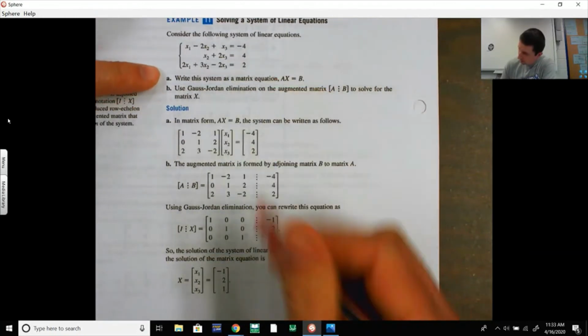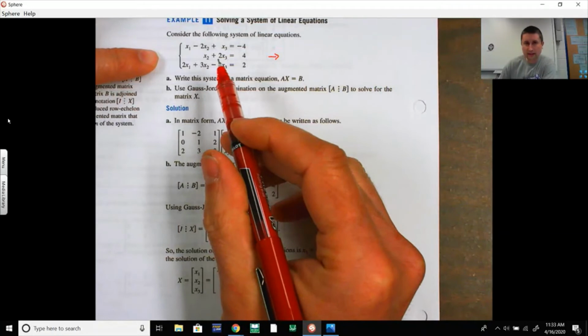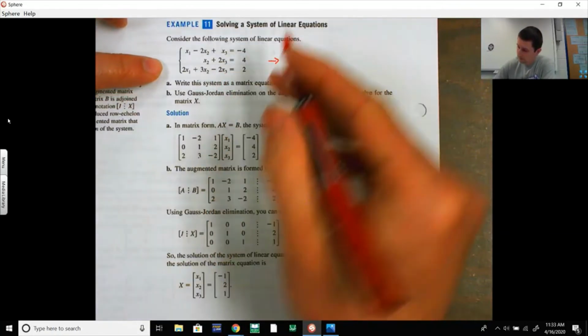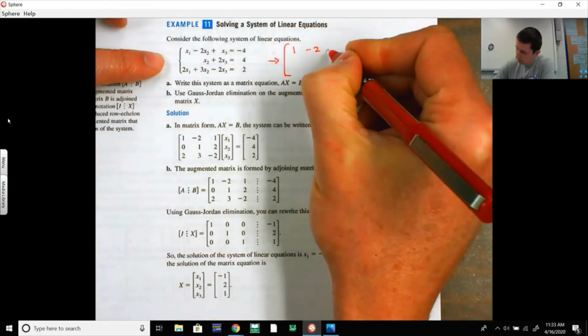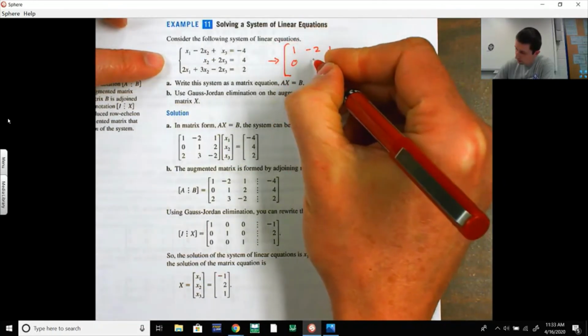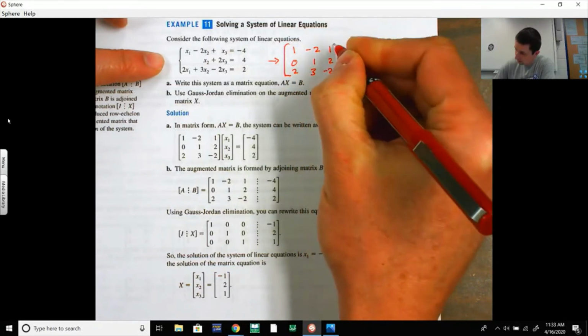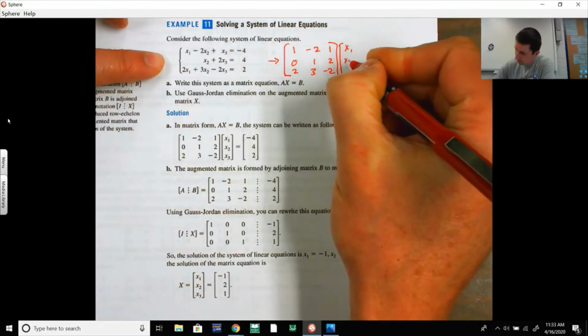Writing a coefficient matrix. When you write this, you're going to have a question about writing this as a matrix equation. So my coefficient matrix would be 1, -2, 1, 0, 1, 2, 2, 3, -2. And I'm going to take that times x1, x2, x3.